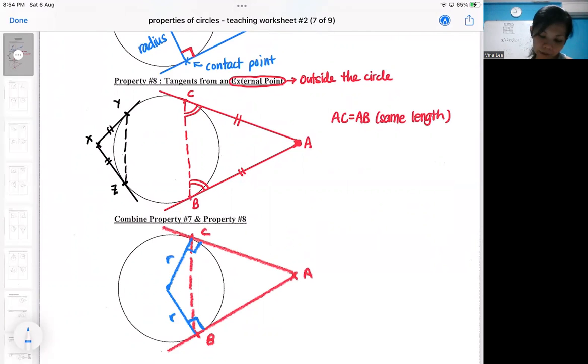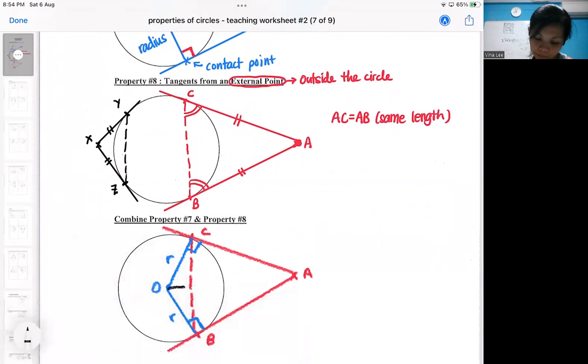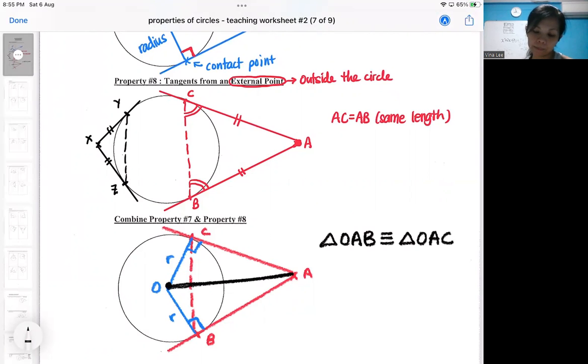In fact, this will make two congruent triangles. Triangle OAB is congruent to triangle OAC.